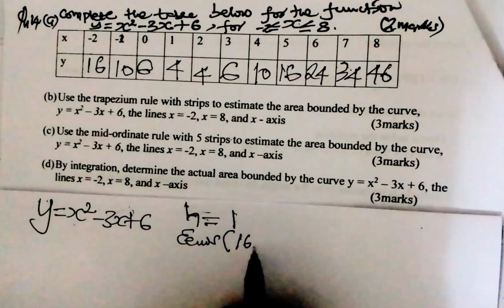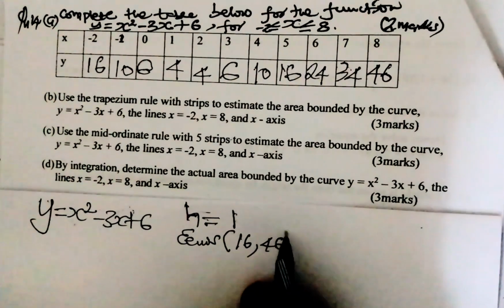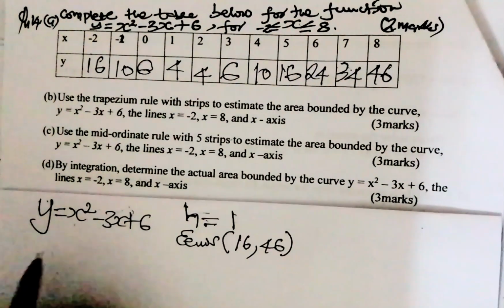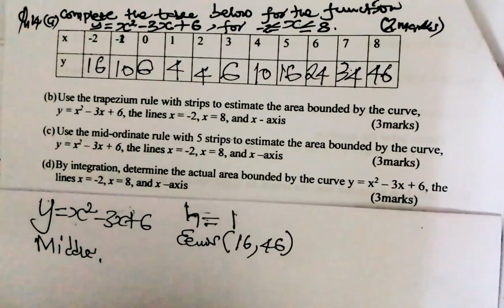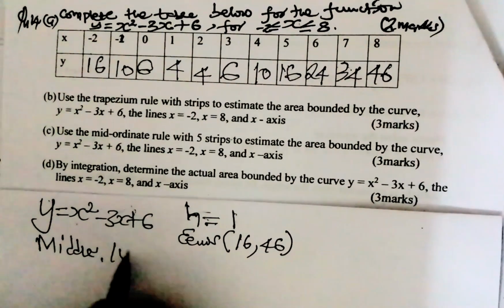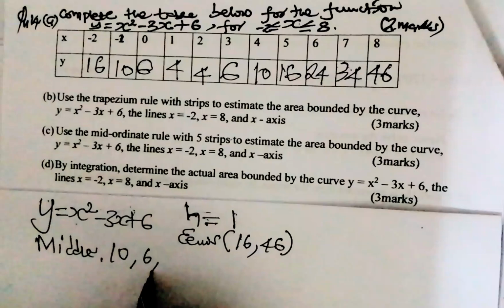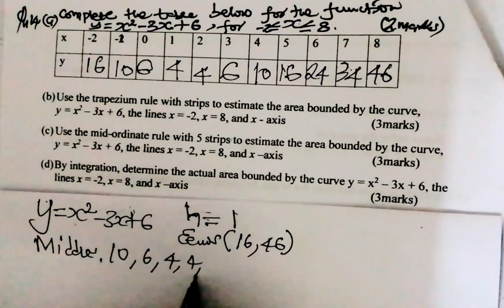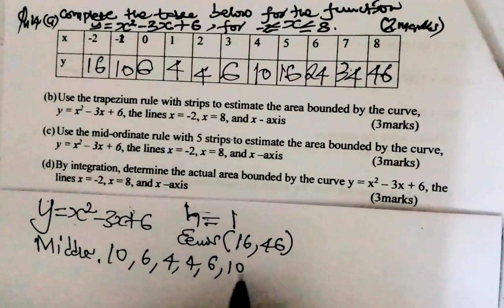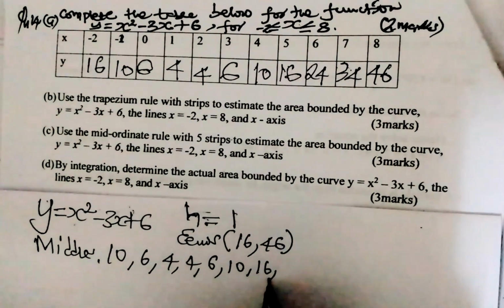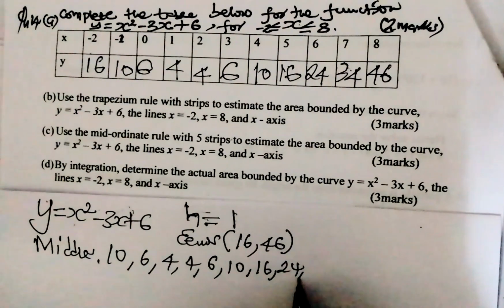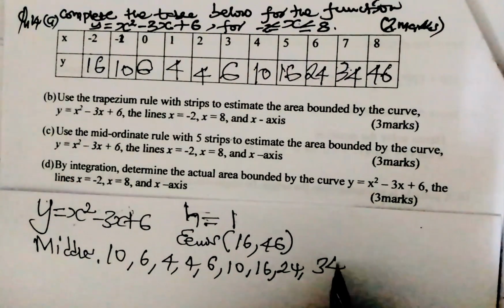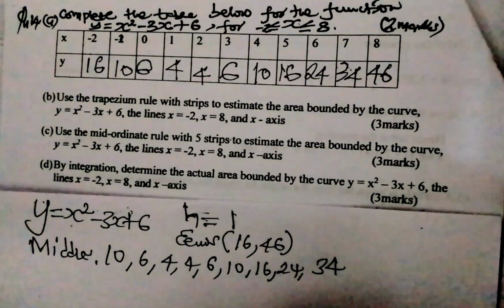So the values of the ends are 16 and 46. And then the middles are the other values. Now we have 10, 6, 4, 4, 6, 10, 16, 24 and 34. Those are the middles.